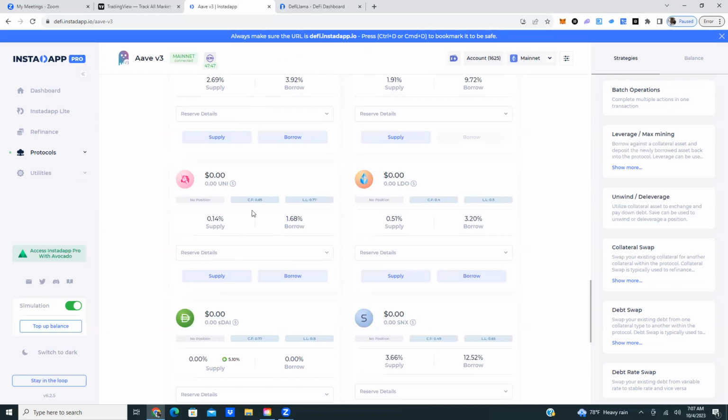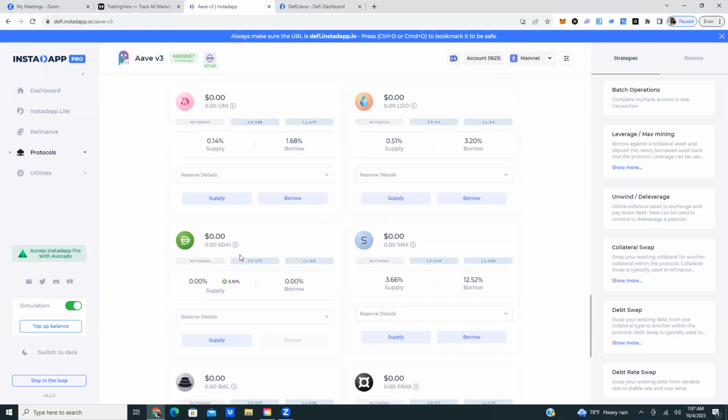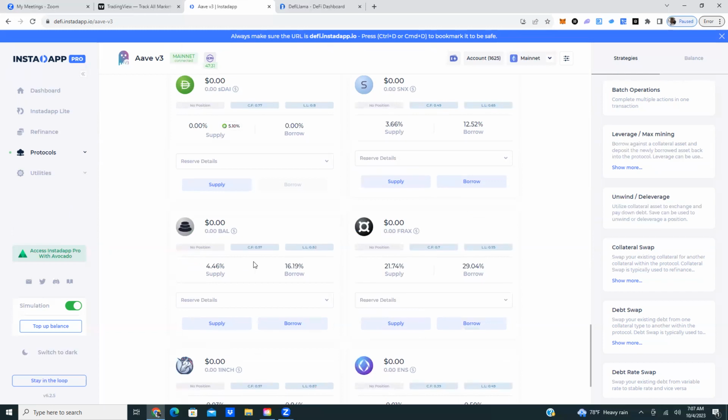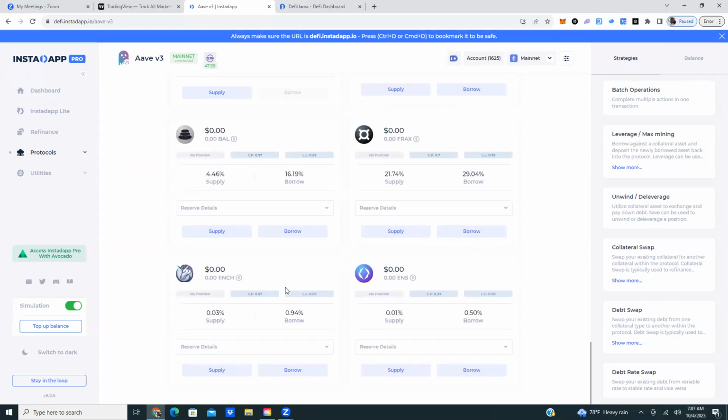Uniswap is 65%. LDO or Lido is 40%. SDAI is 77%. SNX is 49%. Balancer is 57%. Frax is 70%. 1inch is 57%. And ENS is 39%.